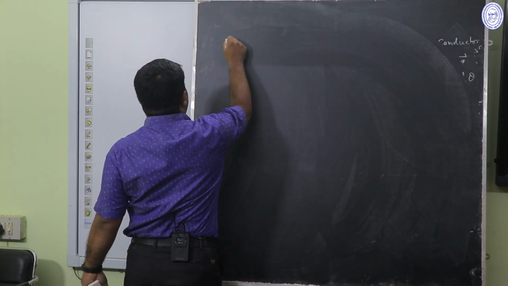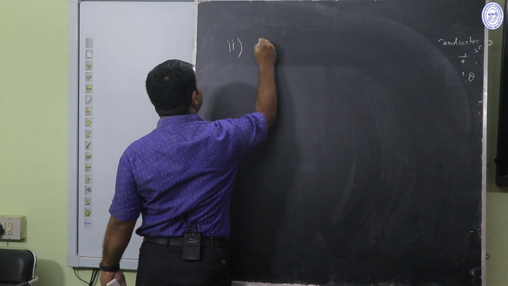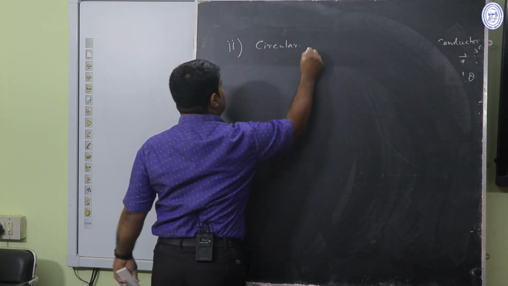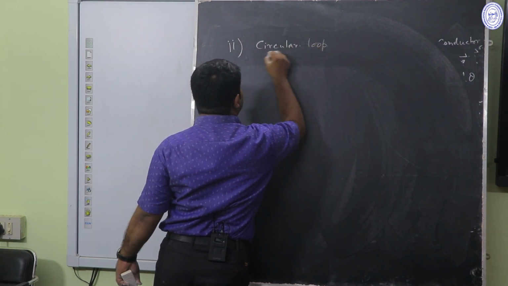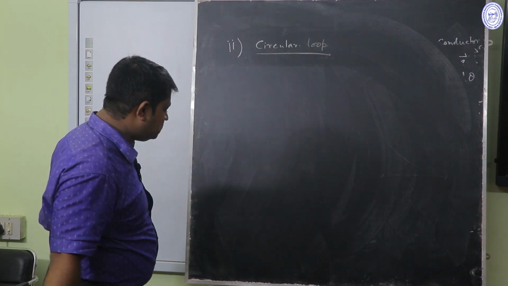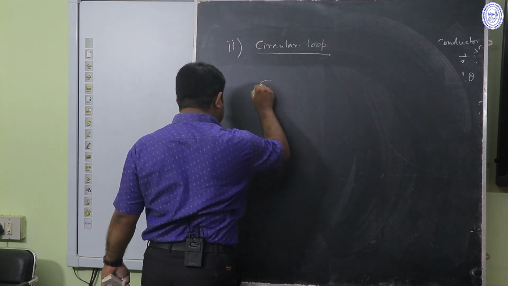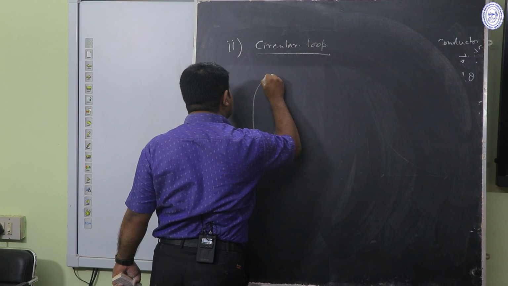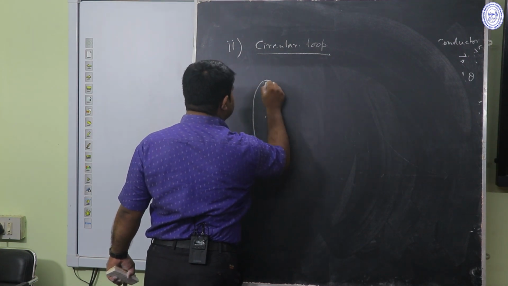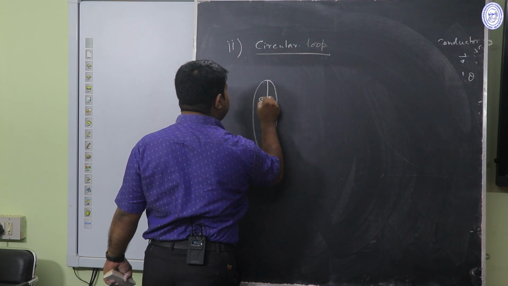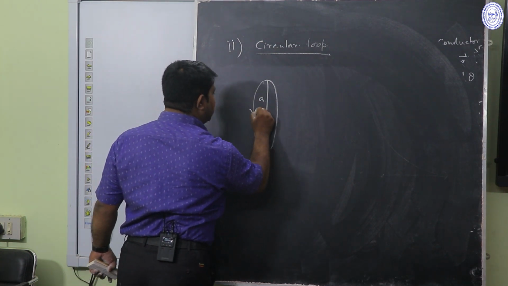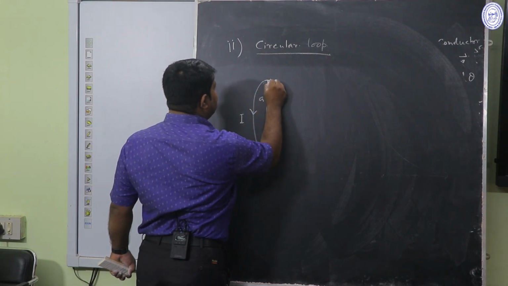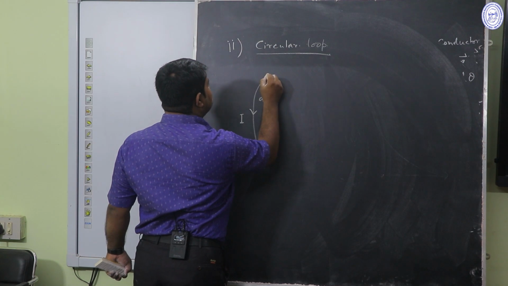Second application of Biot-Savart law, circular loop. We consider a circular loop of radius a, carrying a current I. We consider an elementary length dl.